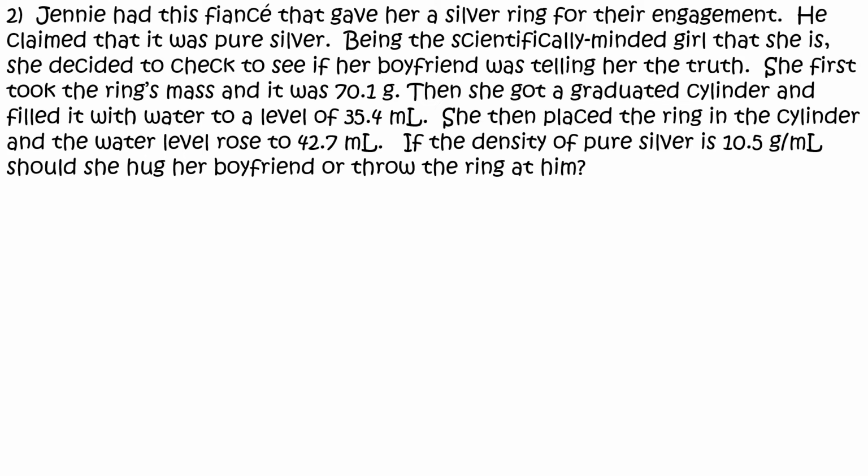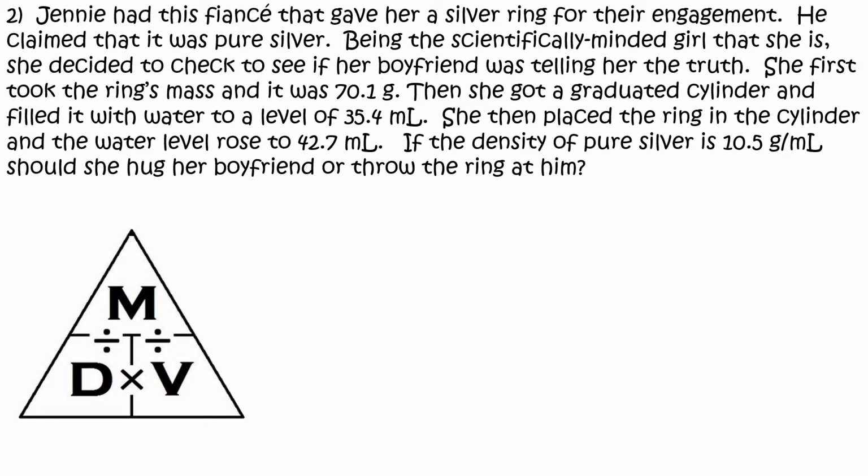So if the density is not 10.5 grams per milliliter, which is pure silver, it is not silver. So we need to get the density of this silver object that looks silver, but it may not be pure silver. So we need to figure out the density of this object to see if she's going to hug her boyfriend or throw the ring at him.